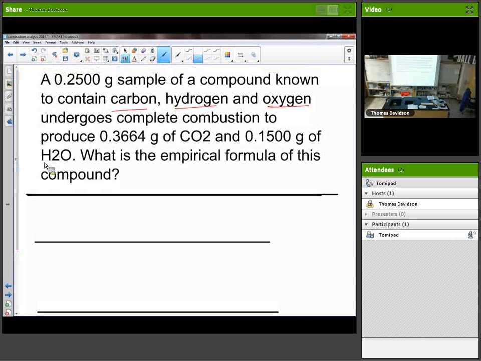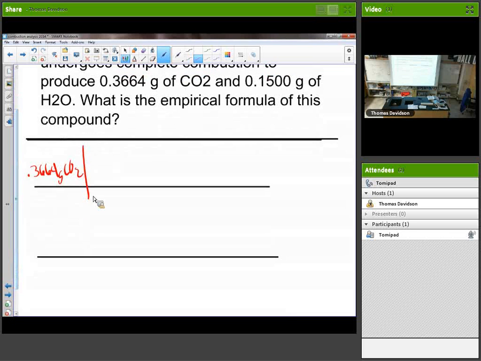So still, let's just start with my mass of CO2. 0.3664 grams CO2. How do I get rid of grams of CO2? Divided by 44 grams of CO2, and that number is for every 1 mole of CO2, correct?